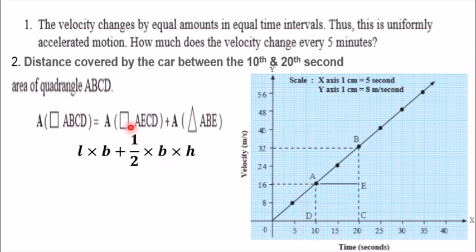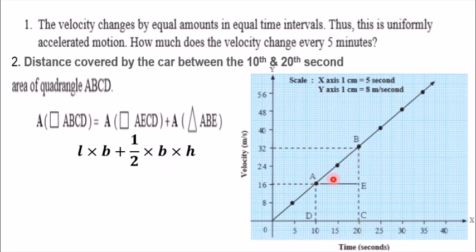So first we will put the values for the area of the rectangle. Our length is 16 and our breadth here is 10. You can see that 10 to 20 it is 10, and 0 to 16 it is 16. So we get length as 16 and breadth as 10.